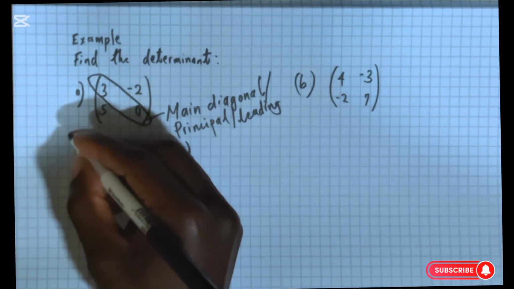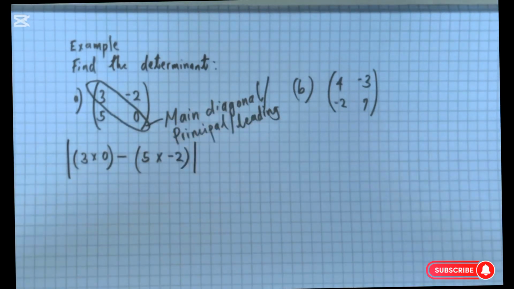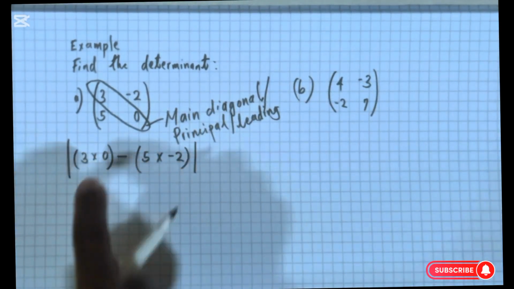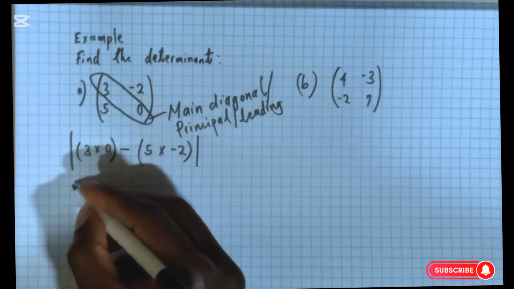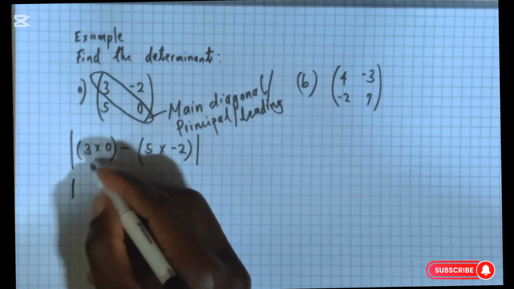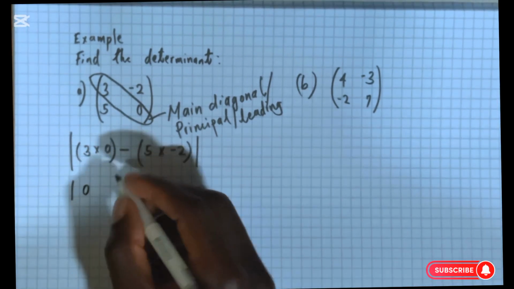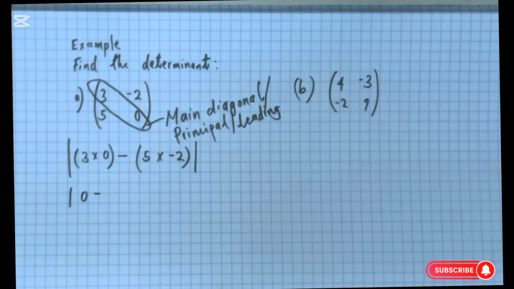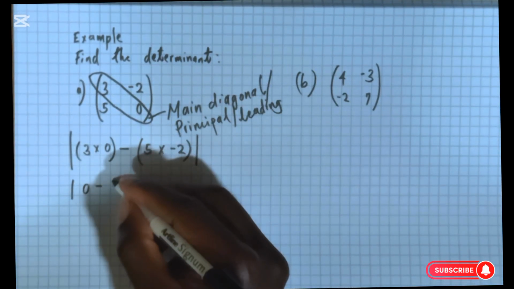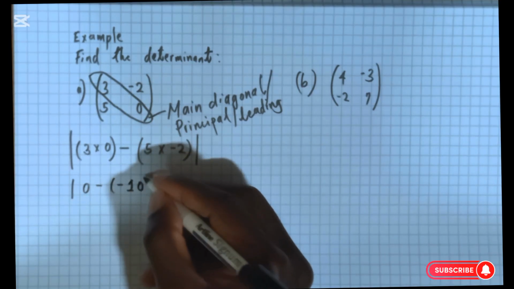And remember that determinants require that we take the absolute value of whatever we get here. So basically that's going to be 3 times 0, giving us 0 there, minus 5 times negative 2, giving us negative 10 right here.